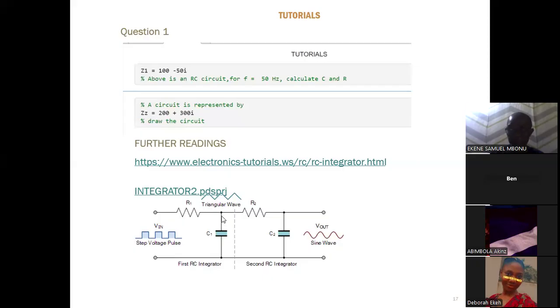If you supply this voltage here, it will integrate it to give you a sawtooth. Then when you integrate a sawtooth, you are going to get a sine wave. And that's it. Let's see the simulation here. I hope it's opening.